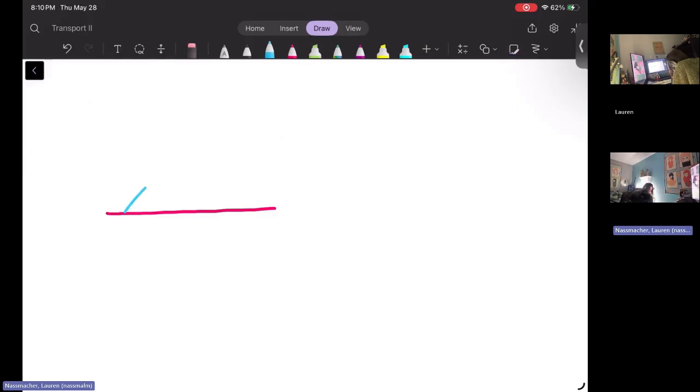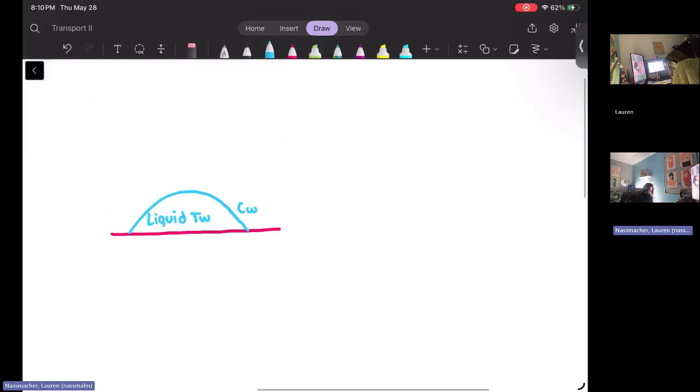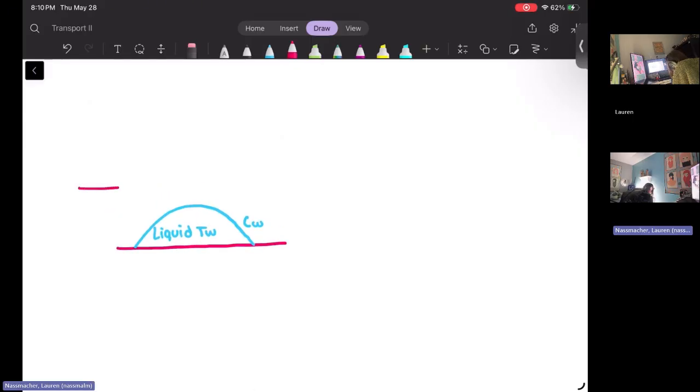We have our liquid, temperature W, and concentration W. Above we have our air flowing, air with temperature air, and our concentration goes to infinity.